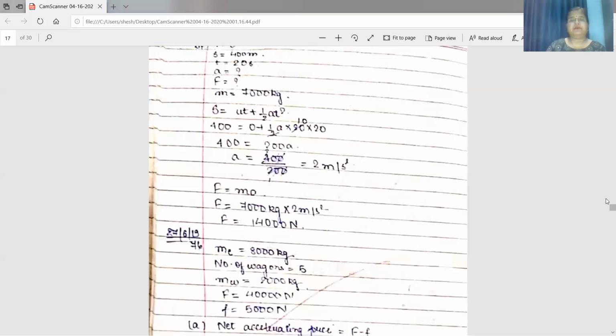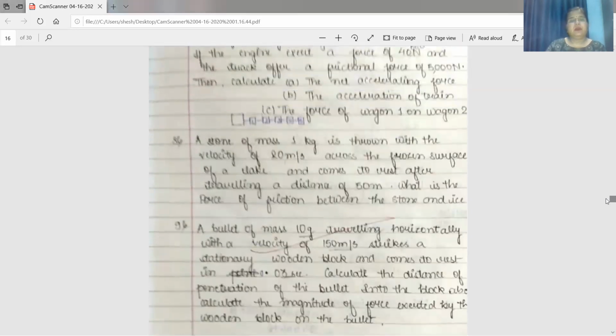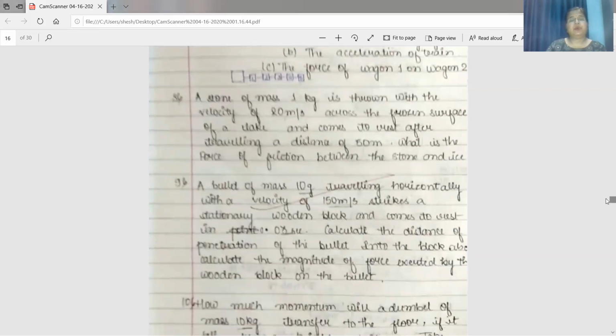Number two is: a stone of mass 1 kg is thrown with a velocity of 20 meter per second. So initial velocity is 20 meter per second. The mass of the stone is 1 kg, across a frozen surface of a lake, and it comes to rest.